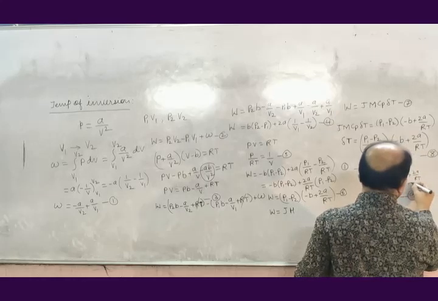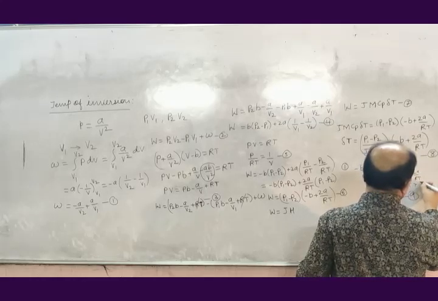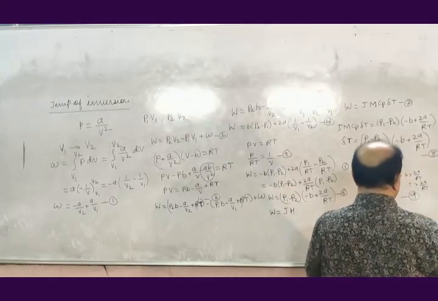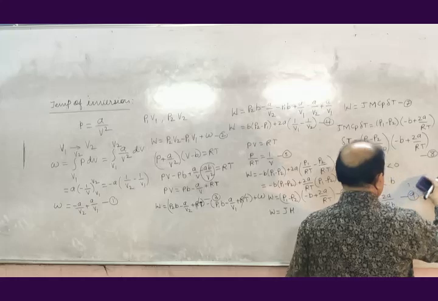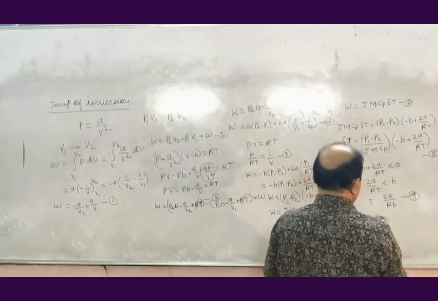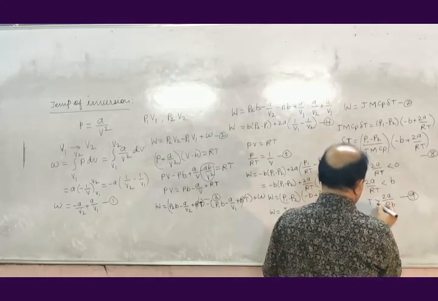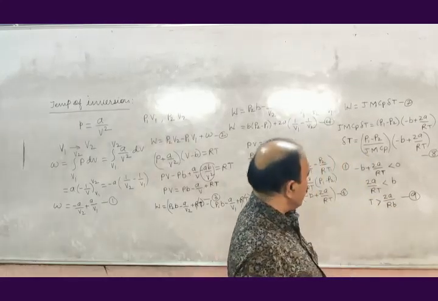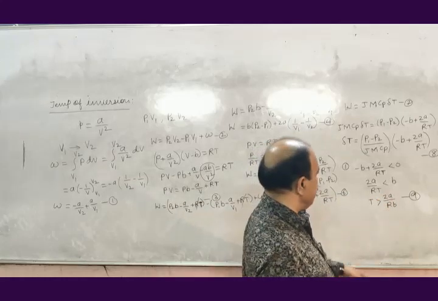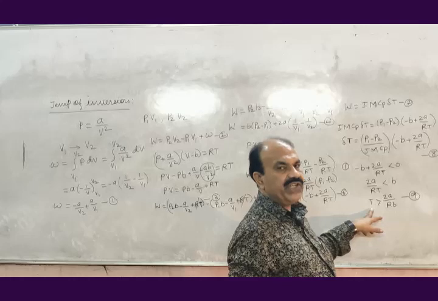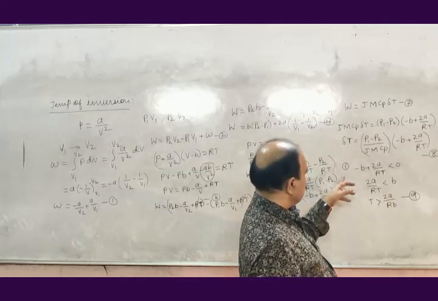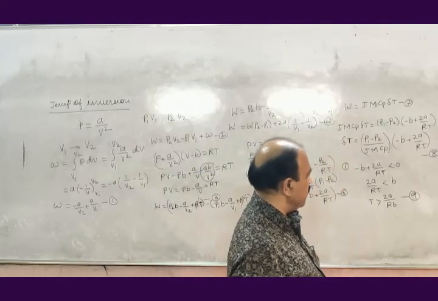If T is taken here, T will be greater than 2A by RT. It should be greater than. So if temperature T is greater than 2A divided by RB, then only delta T will be negative.